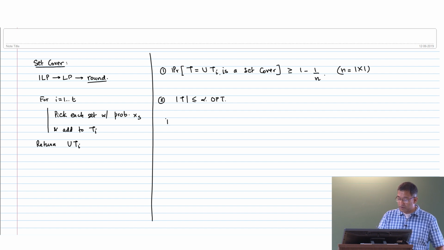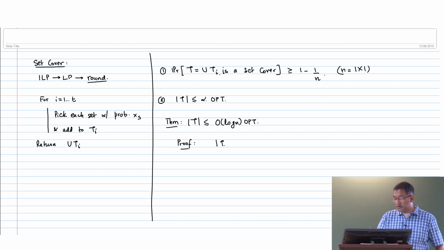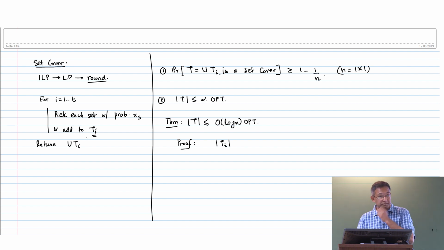So, theorem: the size of T is at most some O of log n times opt, okay. And the proof is the following. The size of a set in one round is equal to the expected size of the set.